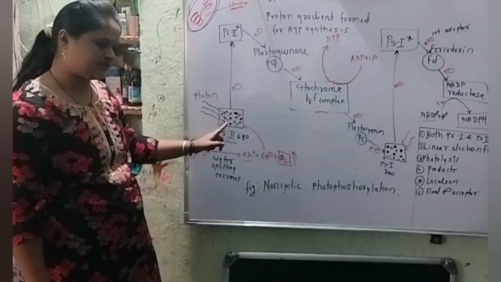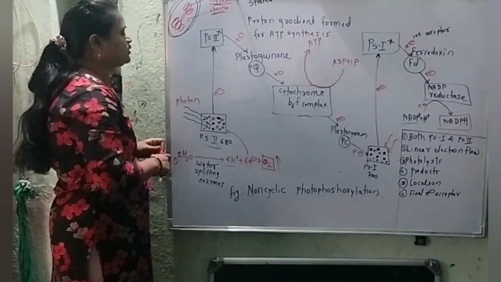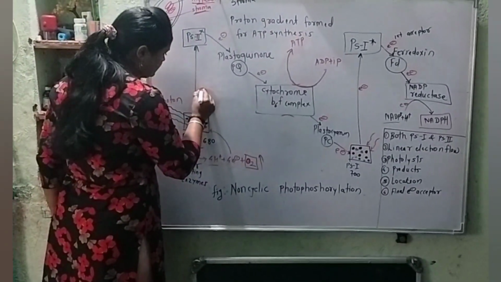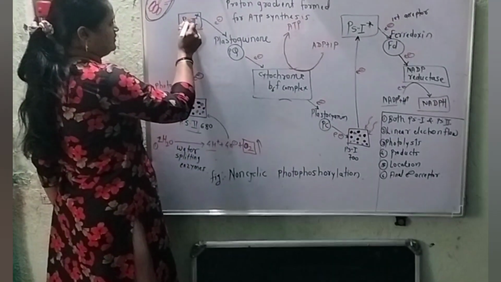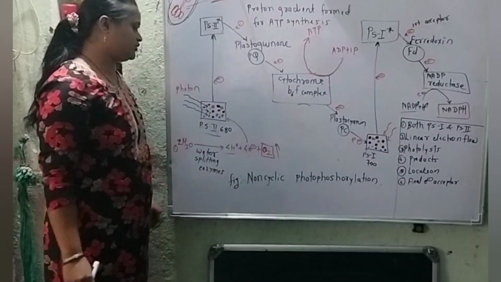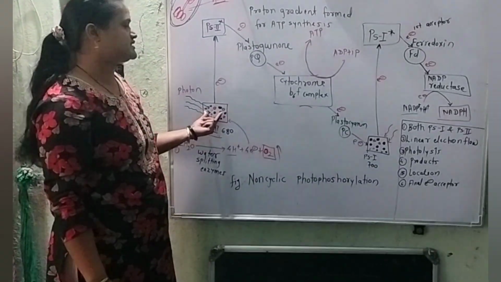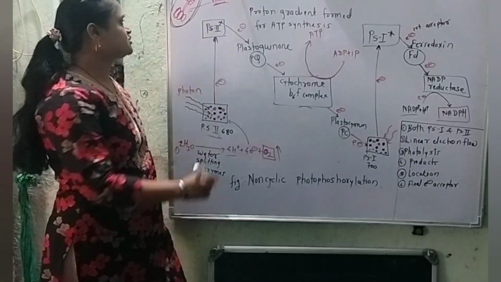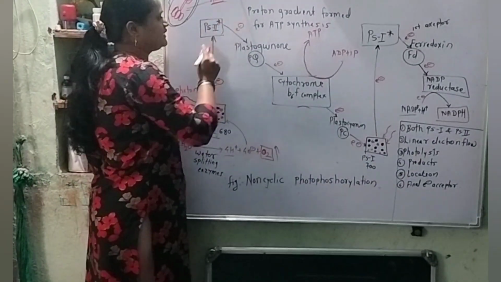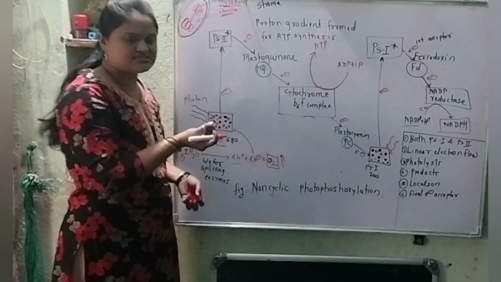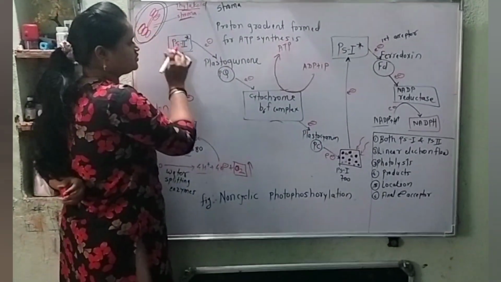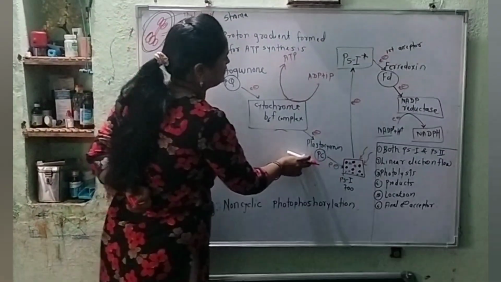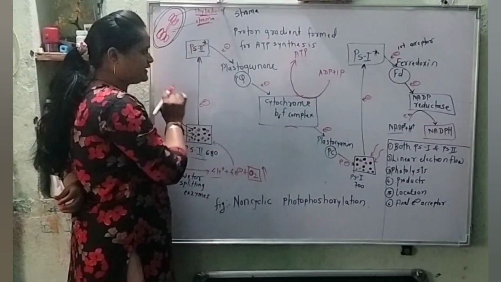When the free electron gets energy, it goes into the excited state, a highly energetic electron. PS second goes into the excited state and then releases its electron to the next carrier. All these members are situated in the thylakoid membrane.